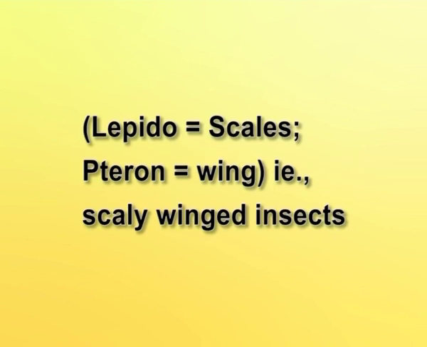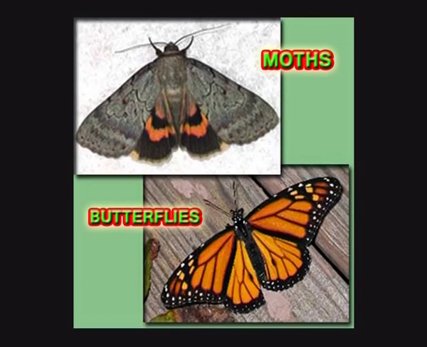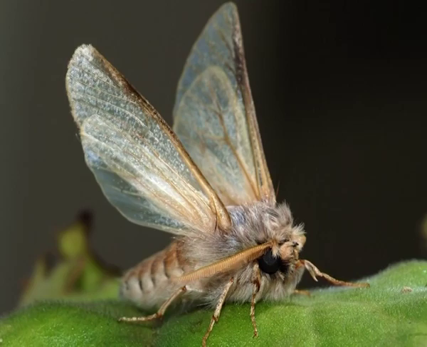Lepido means scales, pteron means wings, that is, scaly winged insects. The order Lepidoptera includes butterflies and moths. It is one of the largest orders, comprising small to large insects with flat overlapping scales and hairs on the body, wing and other appendages, giving various beautiful colors to the insects.